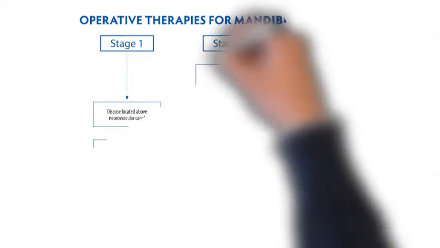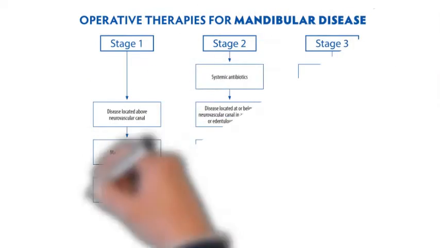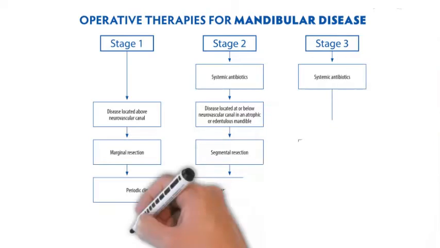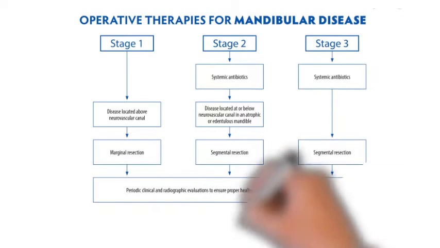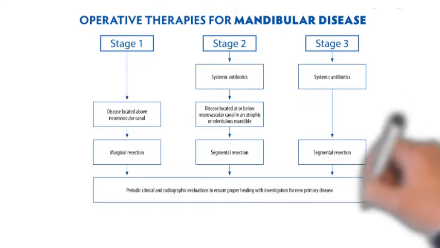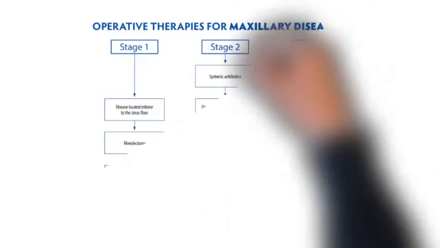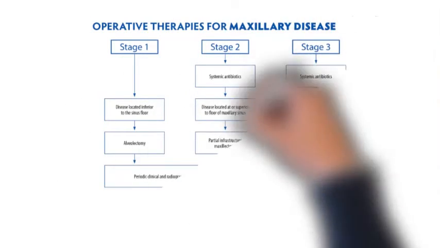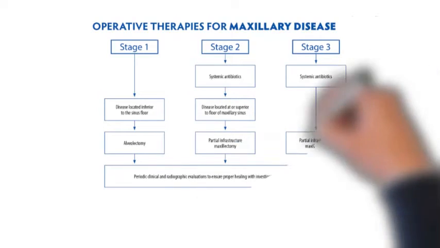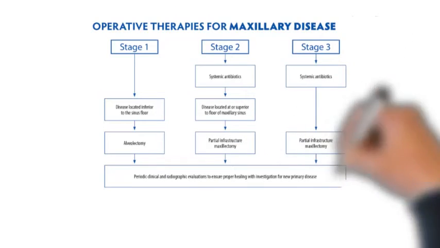If these strategies are not successful, then a surgical approach may be utilized. The surgical procedures are also stage 1 to 3 and use resection of bone depending on the stage. This will vary depending on whether the MRONJ is in the maxillary or mandibular arch. These stages are all followed by periodic clinical and radiographic review.